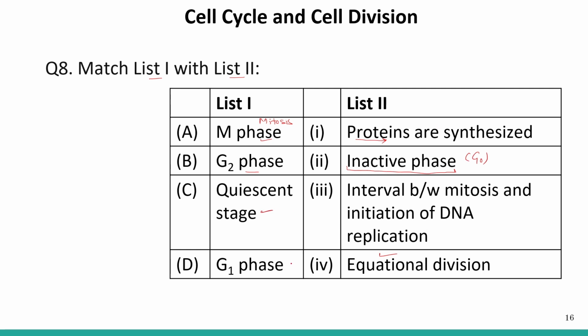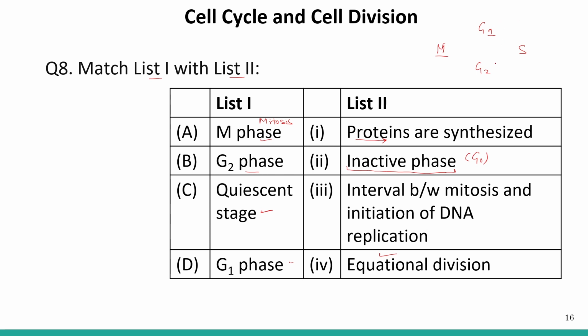Now next is G1 phase. During G1 phase, what happens? So let's again study interphase. Interphase is divided into G1 phase, S phase, G2 phase, and then we have the M phase, mitotic phase, or sometimes meiosis phase also during meiosis.